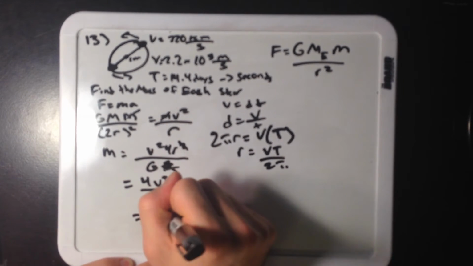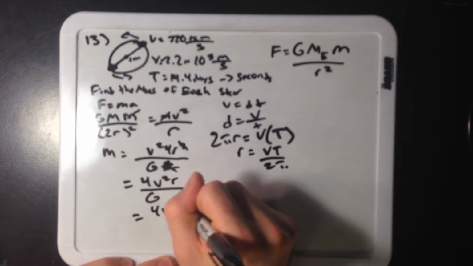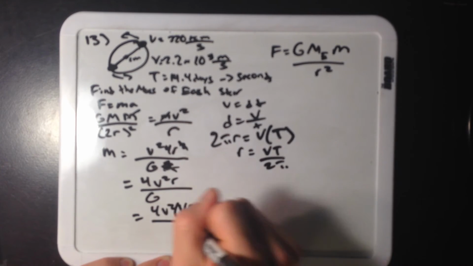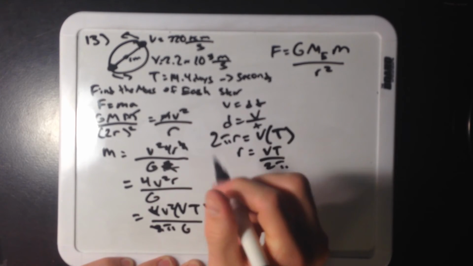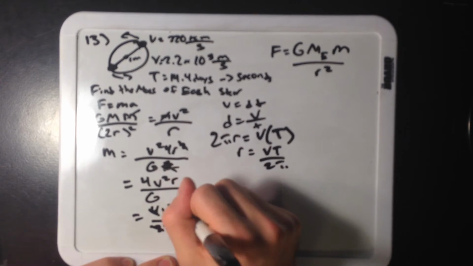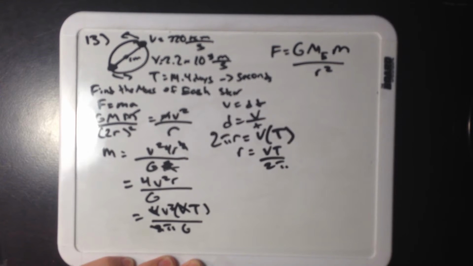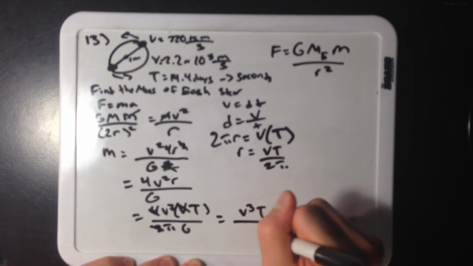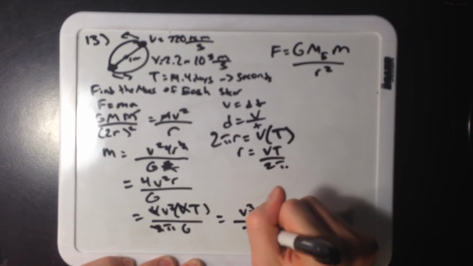So 4v squared times vT over 2 pi G, so little variable changes, and you get 2 v cubed T over pi G.